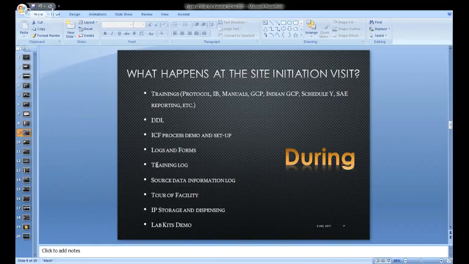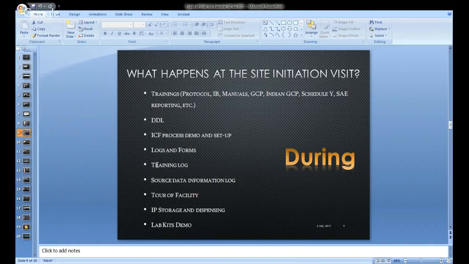Source data information log. This is again one of the essential documents listed under ICH GCP. Basically, sites have a practice of having a different source data altogether for clinical trial subjects. But yes, we also have the medical records by the hospital, the MRD, what we talk about.